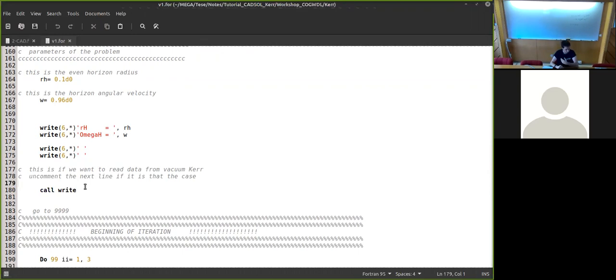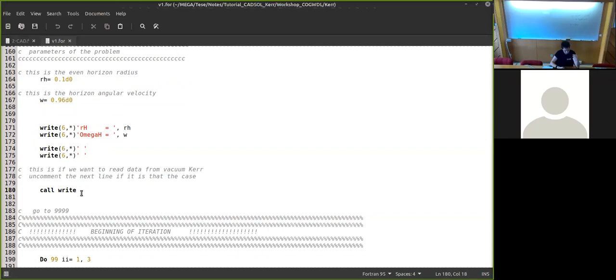But if you use Mathematica, for example, to obtain the values of the f functions in double precision, Fortran doesn't like very much the way that it's written. So this subroutine reads those numbers, puts everything as Fortran wants, and then prints everything again.